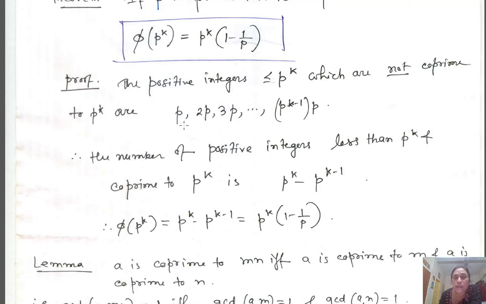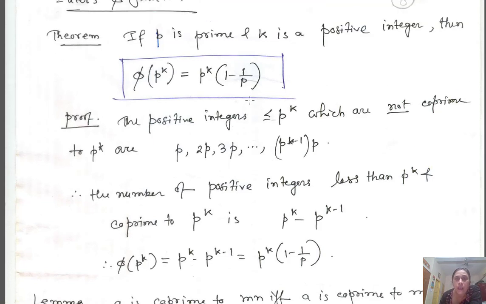There are p to the power k minus 1 non-co-prime elements. So if you subtract, you get the number of positive integers less or equal to p to the power k and co-prime to p to the power k. So this value is essentially the same as this value. Okay, so this proof is easy.